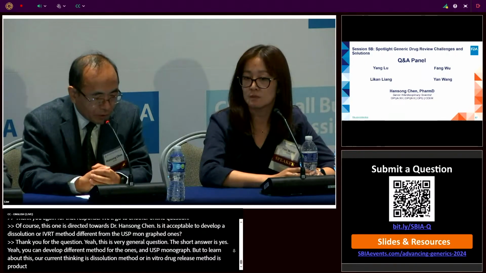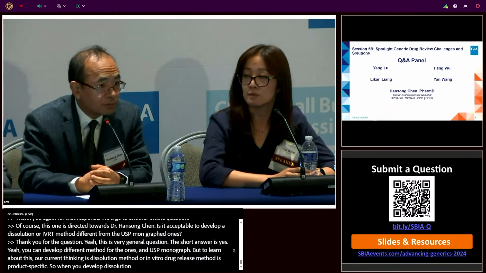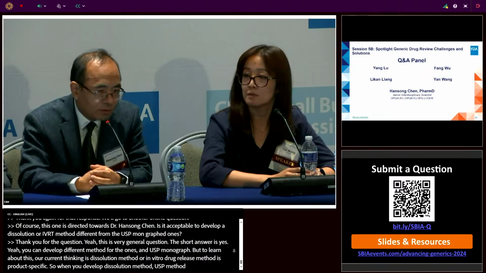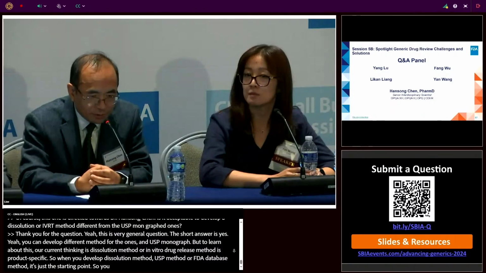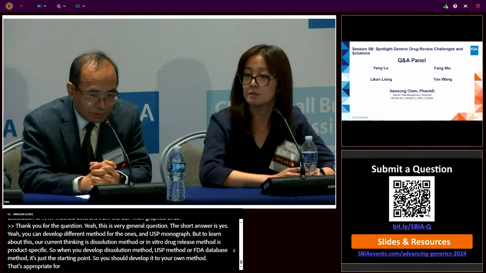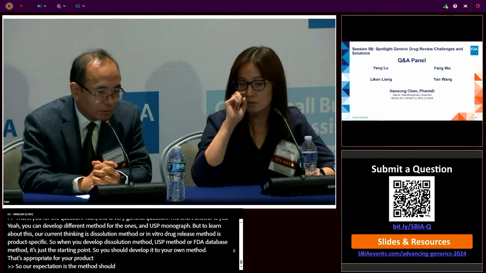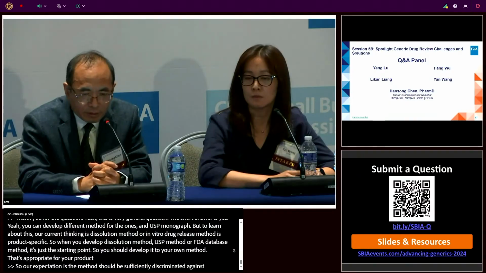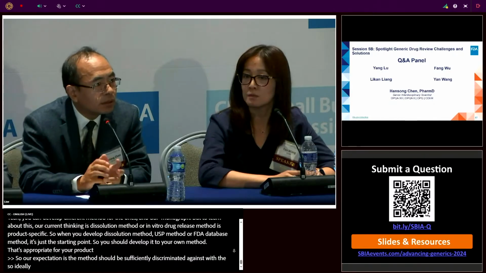So when you develop the dissolution method, the USP method or FDA database method is just the starting point. You should develop your own method that's appropriate for your drug product. Our expectation is that the method should be sufficiently discriminating against the CMAs and the CPPs. So ideally, the method should be clinically relevant. Yeah, thank you.